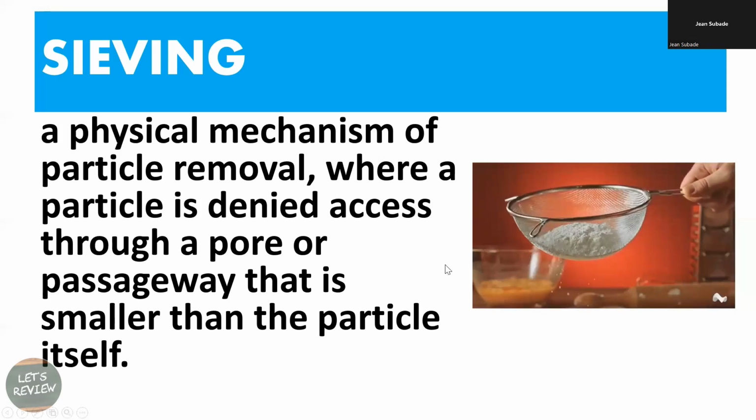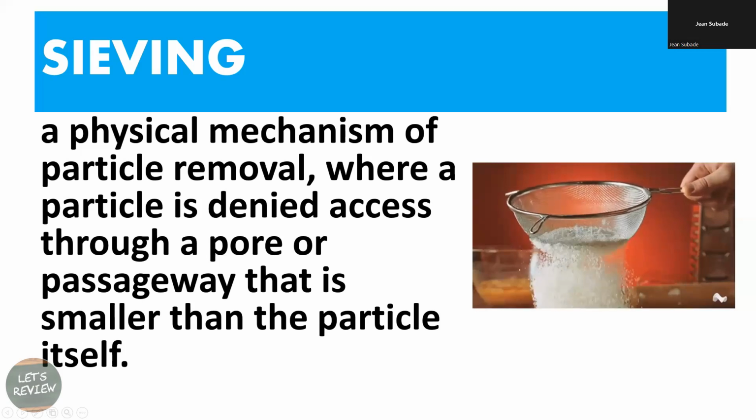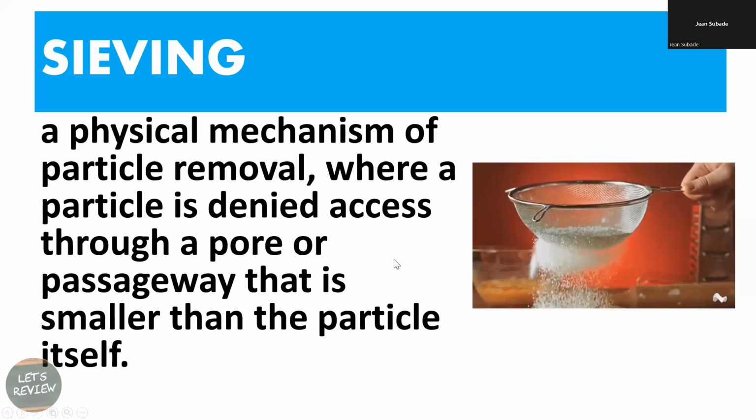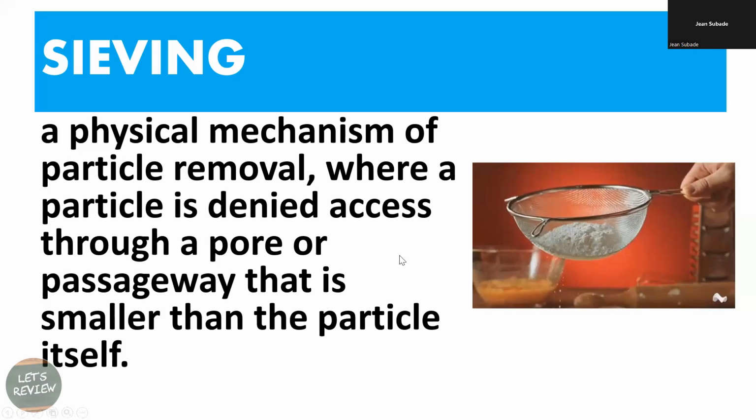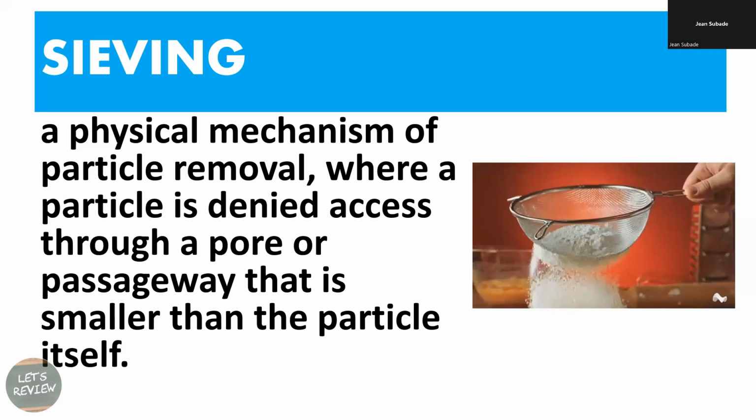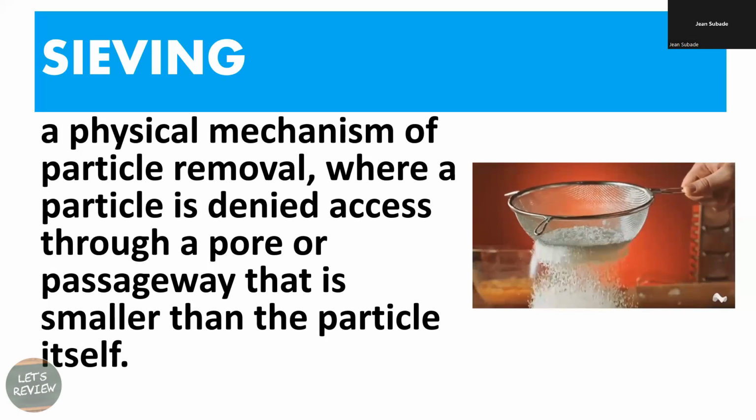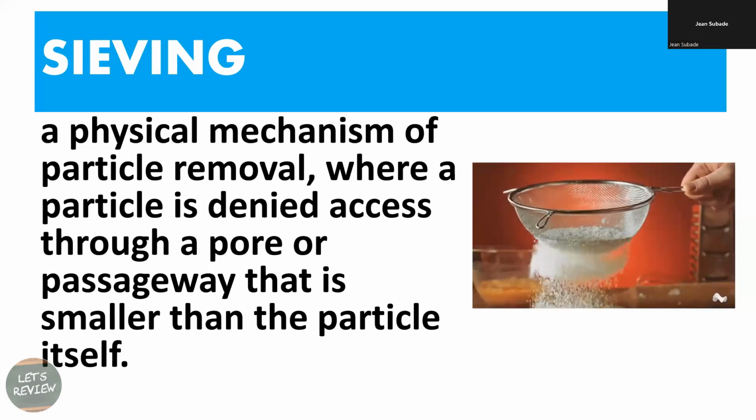Unlike a filter paper, a sieve has bigger holes than a filter paper. So again, sieving is the removal of bigger particles mixed with smaller particles, especially in solid form.